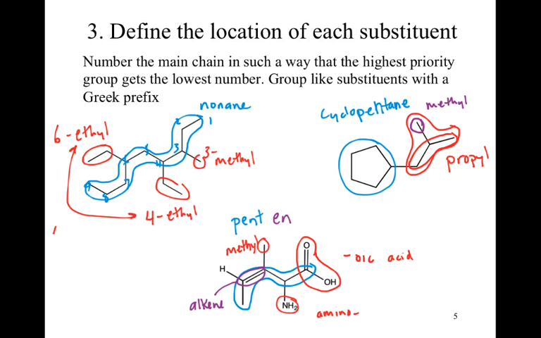And I will now number this 4, 6, so there's my comma, and now my dash, diethyl as my substituent name. So I've simplified that down a little bit. And that can make life a little bit easier when we come through with lots of groups. Notice the diethyl is to reference that there are 2 ethyl groups, so I need to specify the Greek prefix for how many there are.